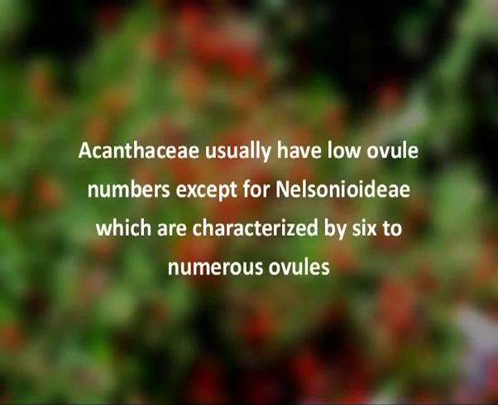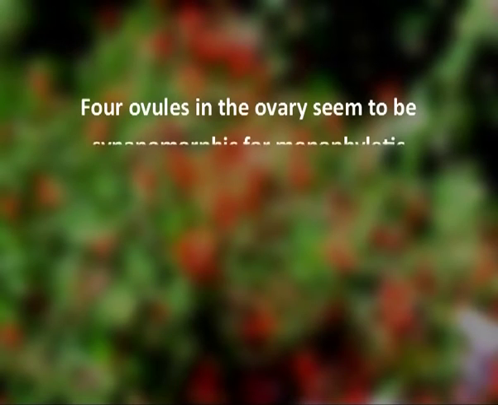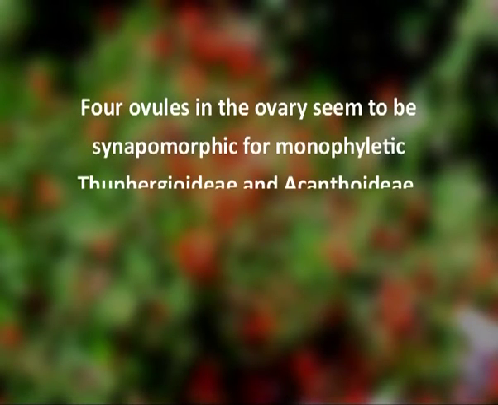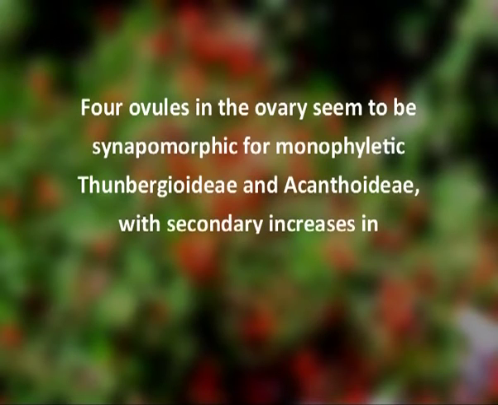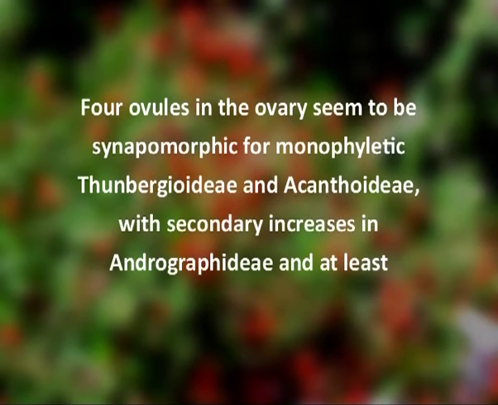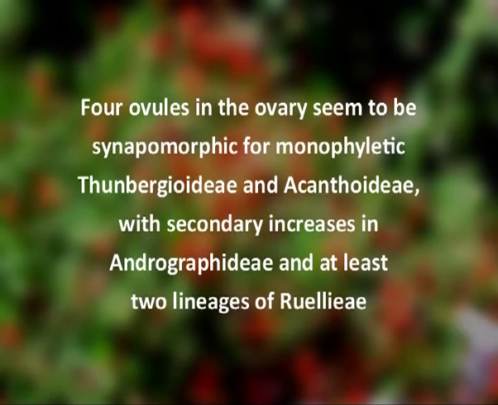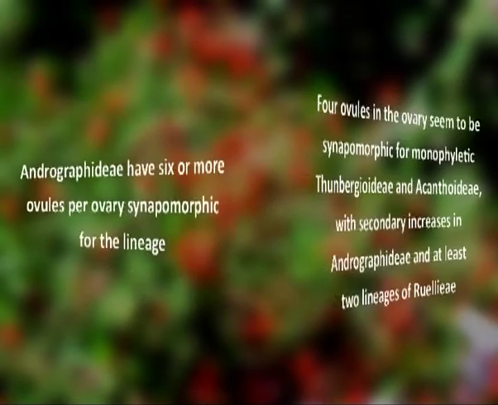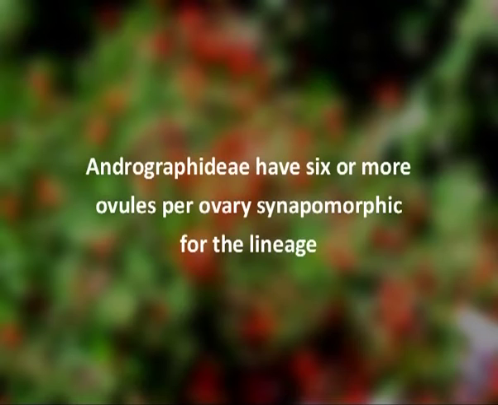Reduced ovule number may be synapomorphic for Acanthaceae except Nelsonioideae, whereas Nelsonioideae are characterized by numerous ovules. Reduction to 4 seems to be synapomorphic for monophyletic Thunbergioideae and Acanthoideae, with secondary increases in Andrographideae and at least 2 lineages of Ruellieae. Andrographideae usually have 6 or more ovules per ovary, which appears to be a secondary increase in ovule number and synapomorphic for this lineage.